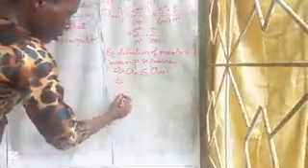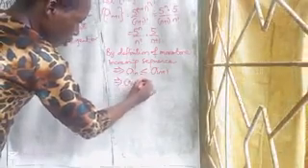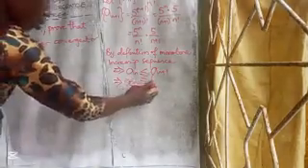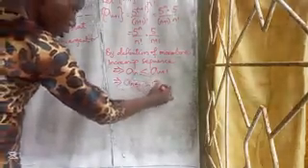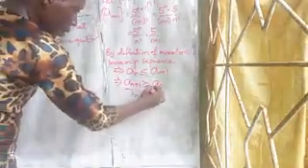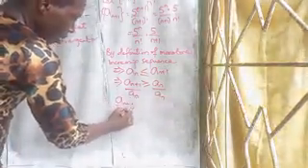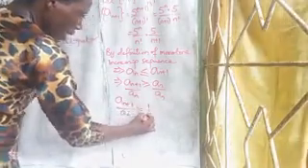And that implies that a sub n plus 1 is greater than or equal to a sub n. Divide both sides by a sub n. Therefore, a sub n plus 1 over a sub n will be greater than or equal to 1.